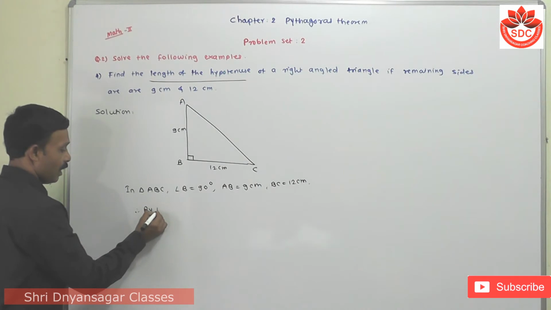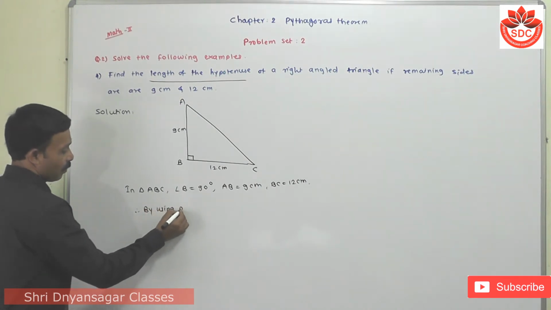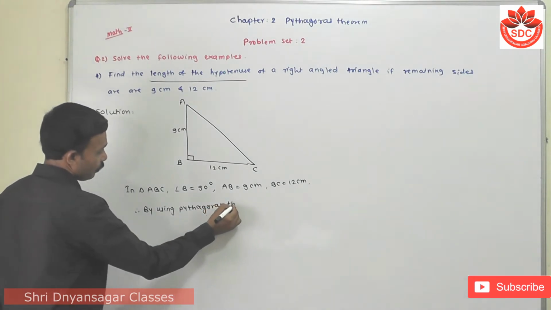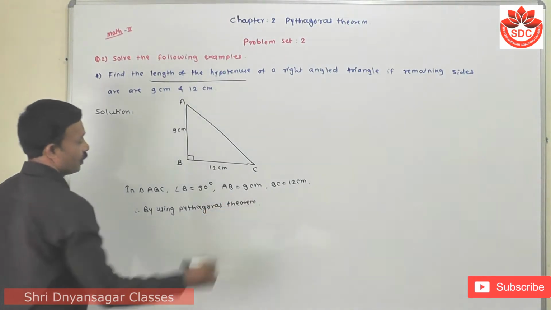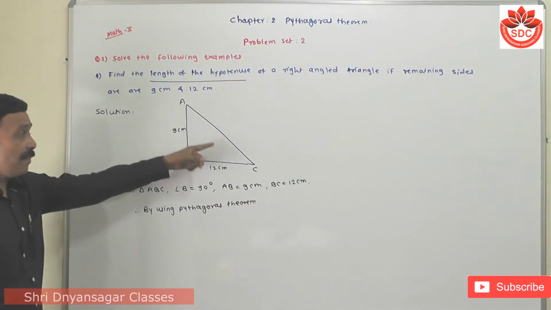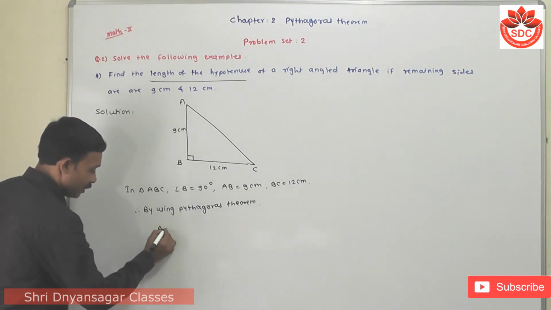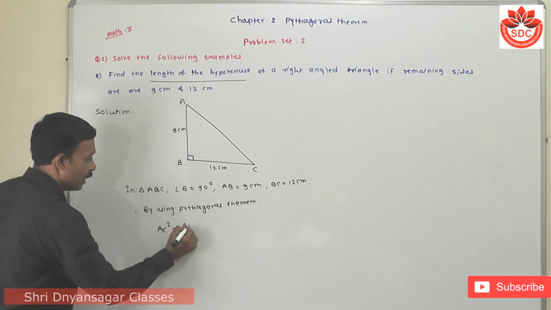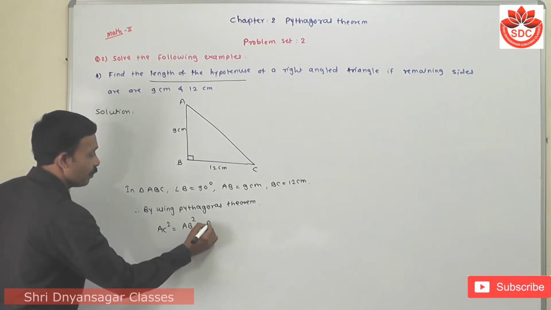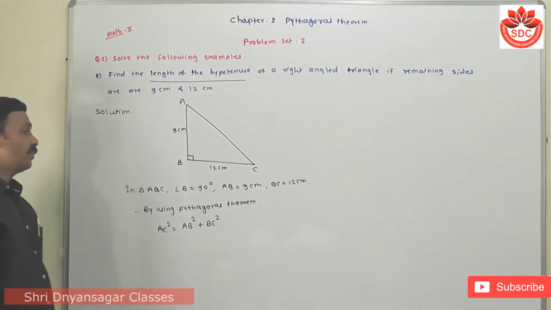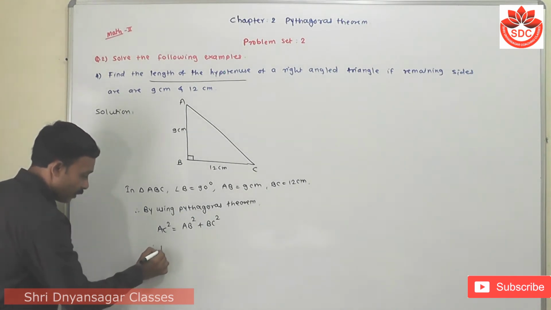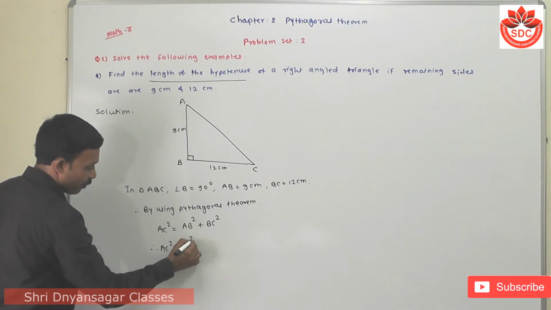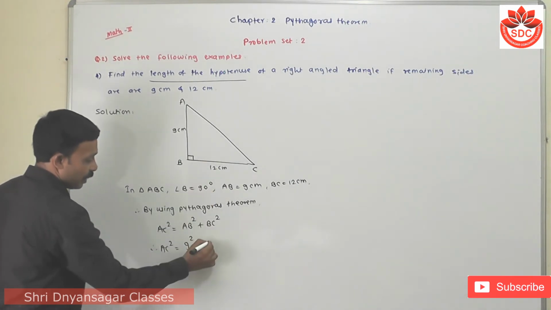By using Pythagoras theorem, the hypotenuse square, that means AC square, is equal to the sum of the squares of the remaining two sides, that means AB square plus BC square. Then we substitute the values: AC square as it is, AB is 9 square, then BC is 12 square.